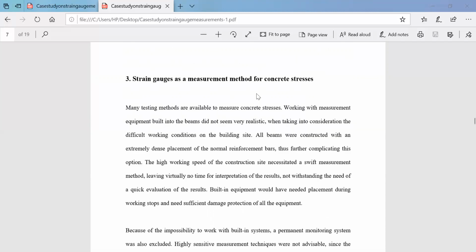So here you have to now focus. Many testing methods are available to measure concrete stresses. Working with measurement equipment built into the beam did not seem very realistic when taking into consideration the difficult working conditions. When difficult working conditions were being considered, measurement of the strain using strain gauges was not very realistic. Why?